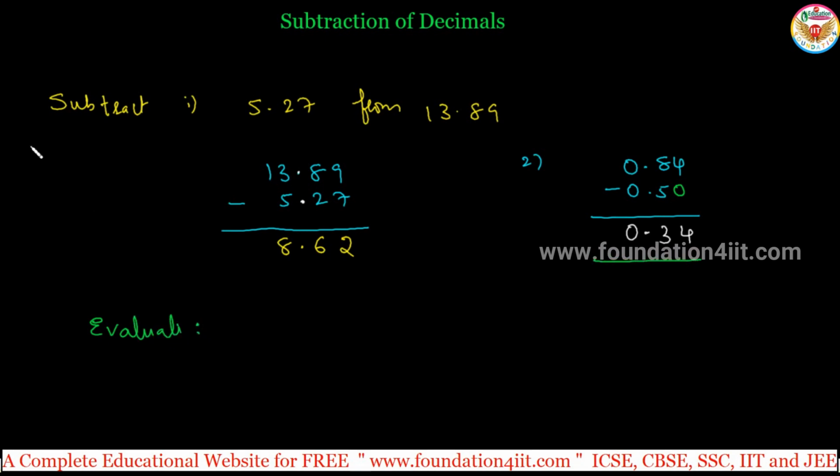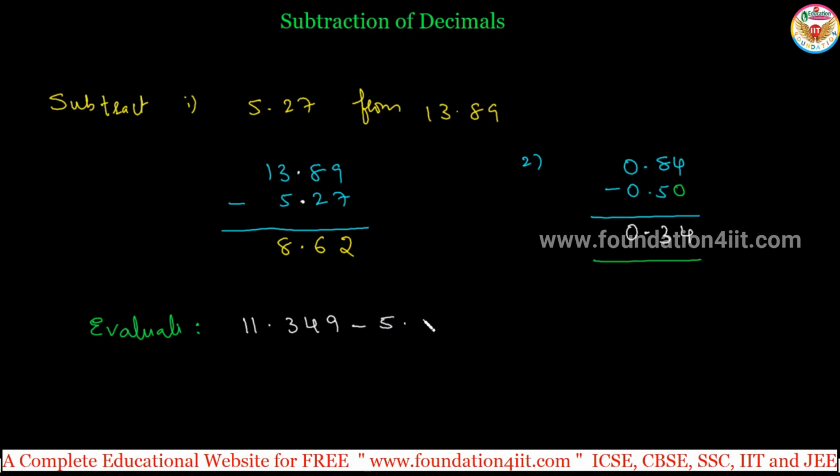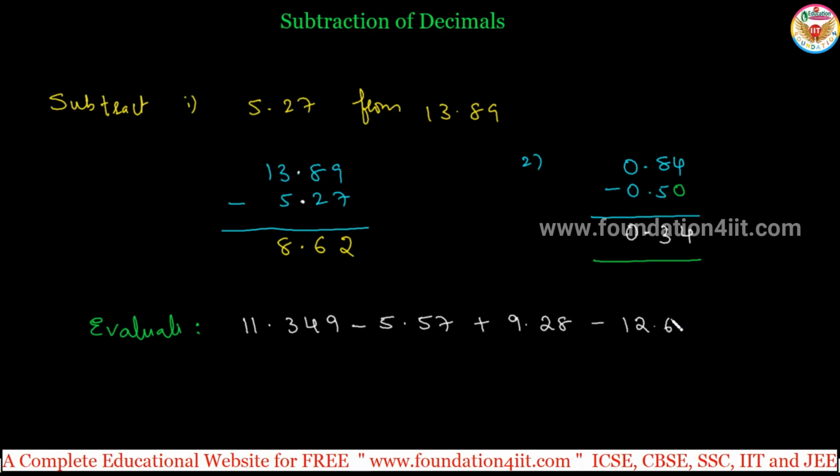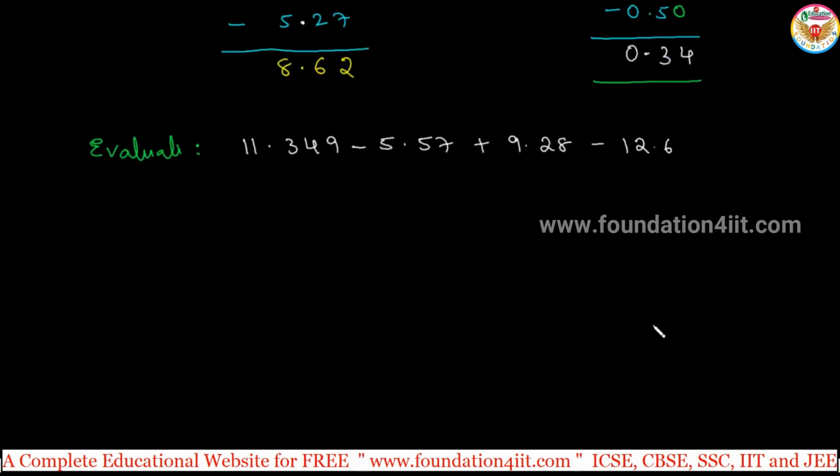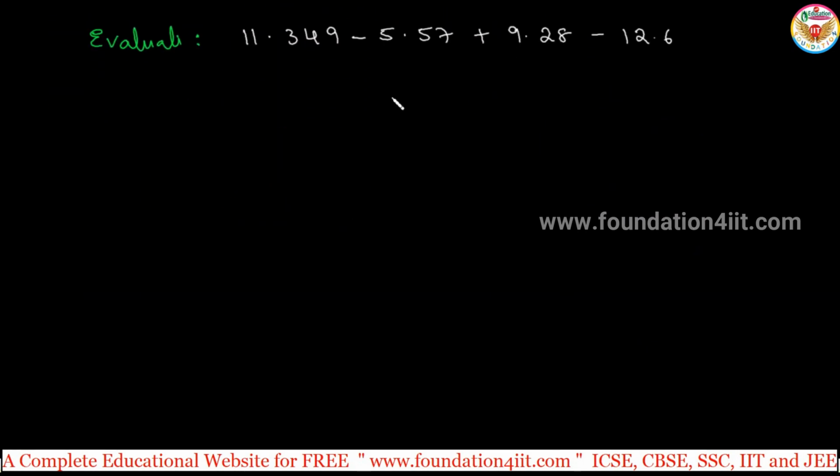Let me take one question. 11.349 minus 5.57 plus 9.28 minus 12.6. So to find this value, positive values and negative values are here. So let's write the positive numbers together.